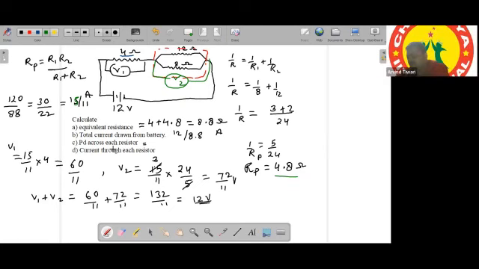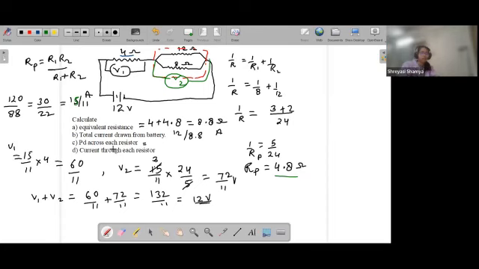Yes. Okay. Then how do we compute the current through the 12 ohm resistance and the current through the 8 ohm resistance? Yeah, how do we get that?